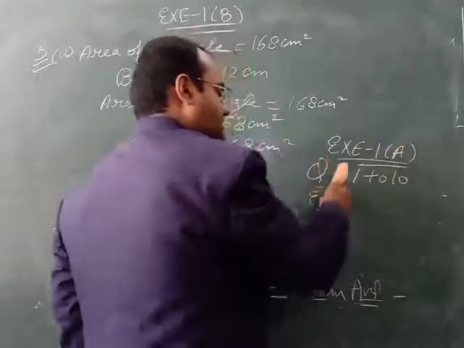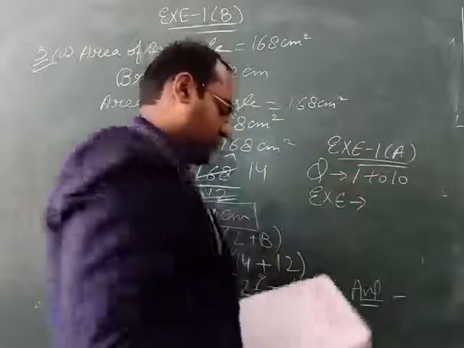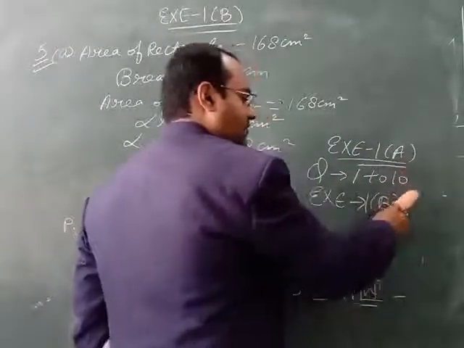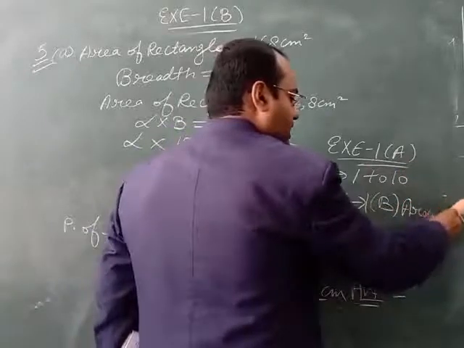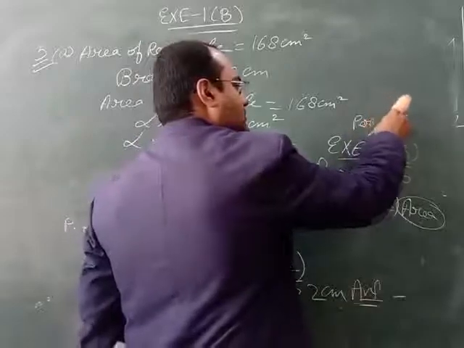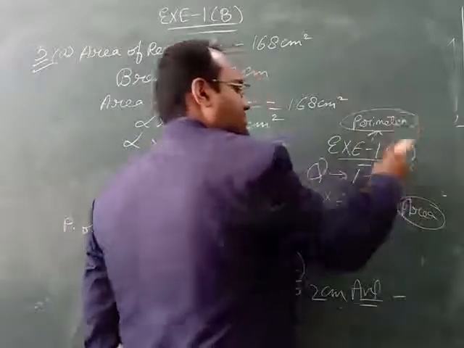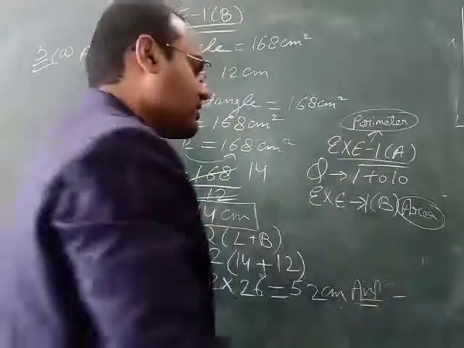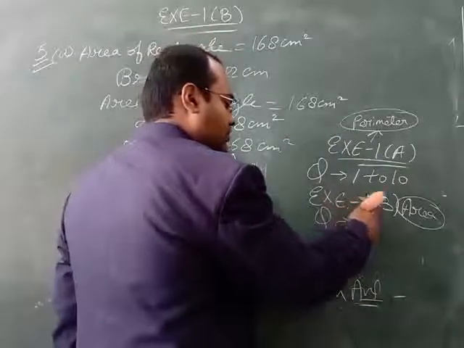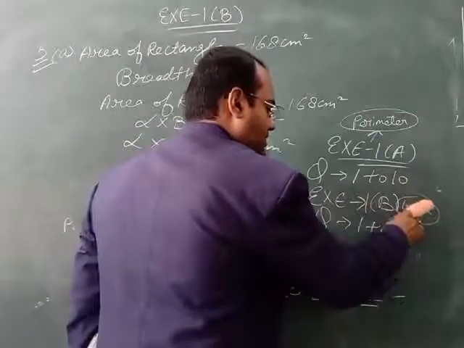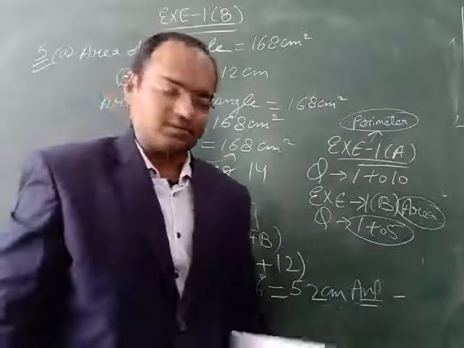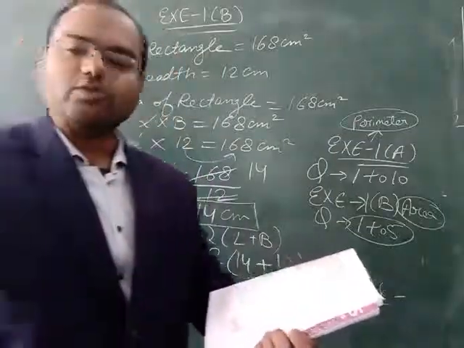And in exercise 1B, area, this exercise is of area and the first exercise is of perimeter. So in the first exercise you have to do up to question number 10, but in exercise 1B you have to do up to question number 5. From question 1 to 5 you have to practice these questions. The rest of the questions no need to practice.